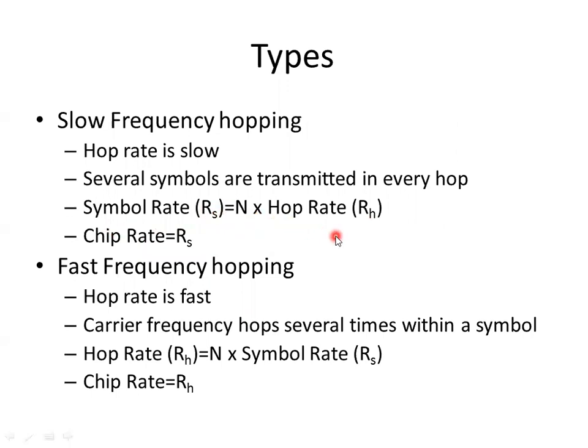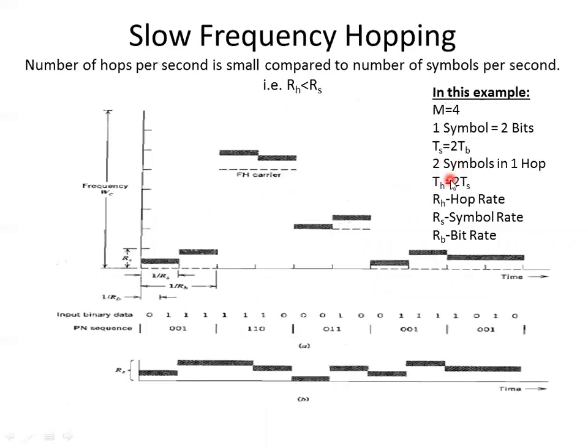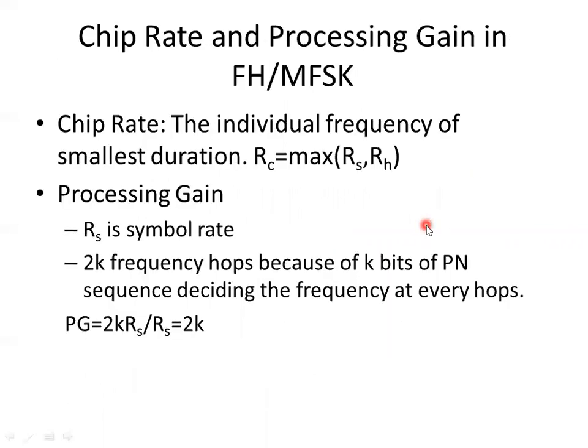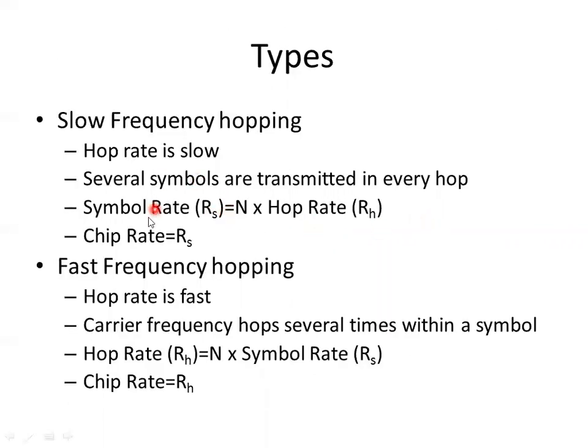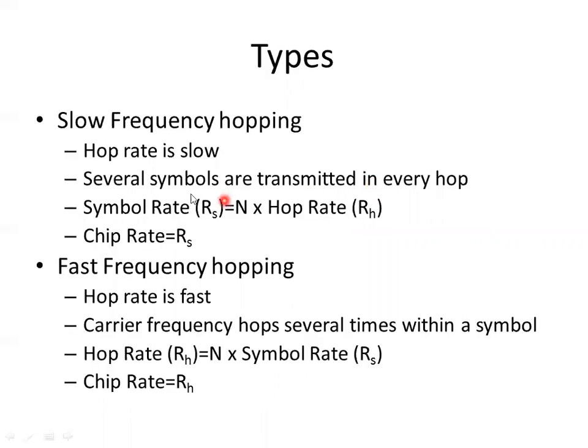Because hop time is n times Ts. So naturally, when we talk about rate, symbol rate is n times hop rate. And what is chip rate? Here I said chip rate is the maximum of RS and RH. In case of slow frequency hopping, symbol rate is larger than hop rate, so chip rate is RS.